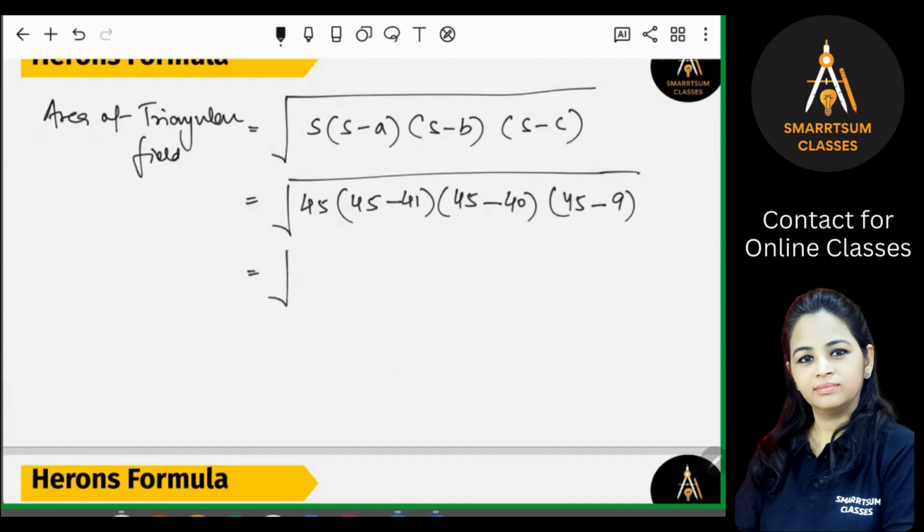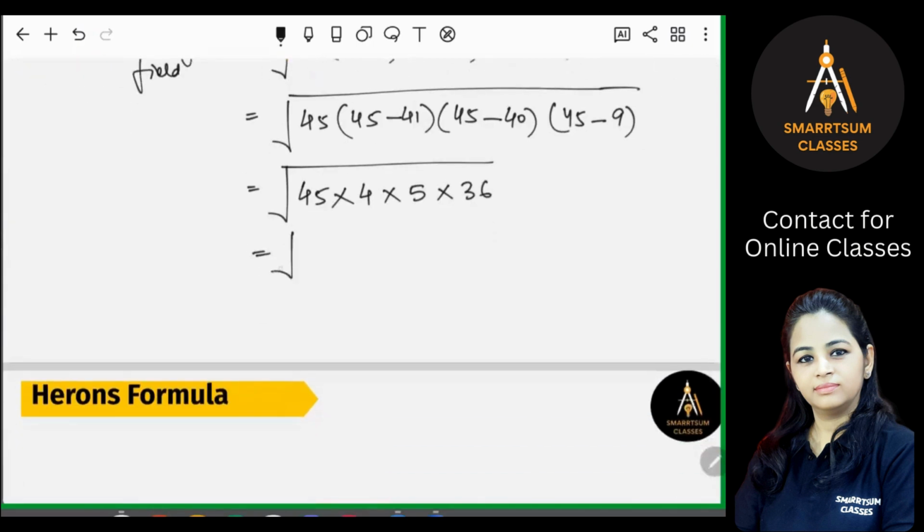Now 45 minus 41 is 4, 45 minus 40 is 5, and 45 minus 9 is 36. In this way we have calculated it. Now we have to find the value of this square root.